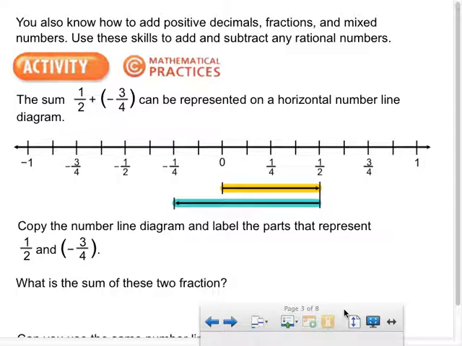What are we doing? I just explained to you. You're trying to solve that problem. And we're using what we did for the warm-up and applying it to fractions now.